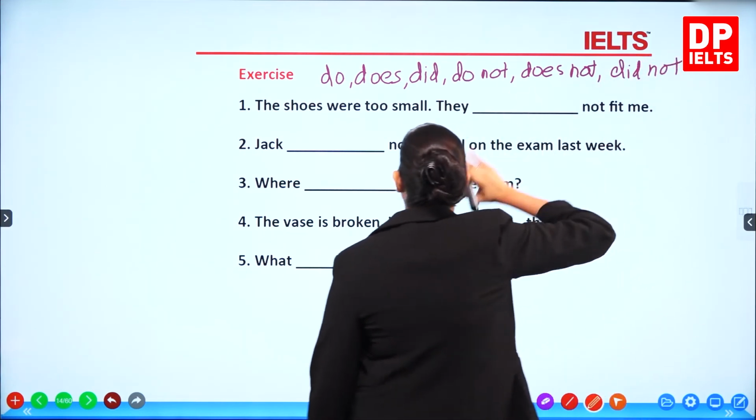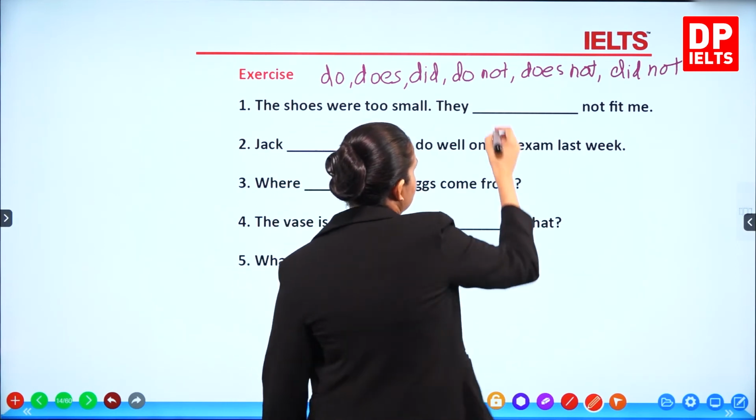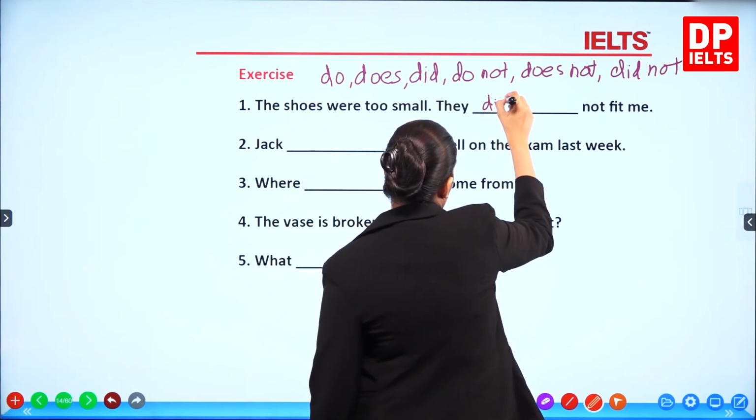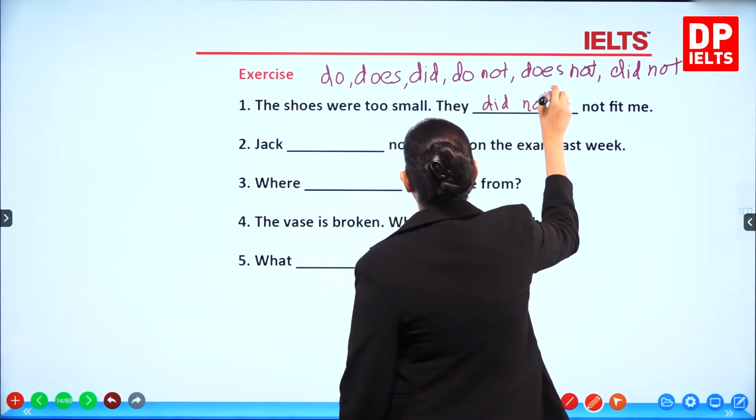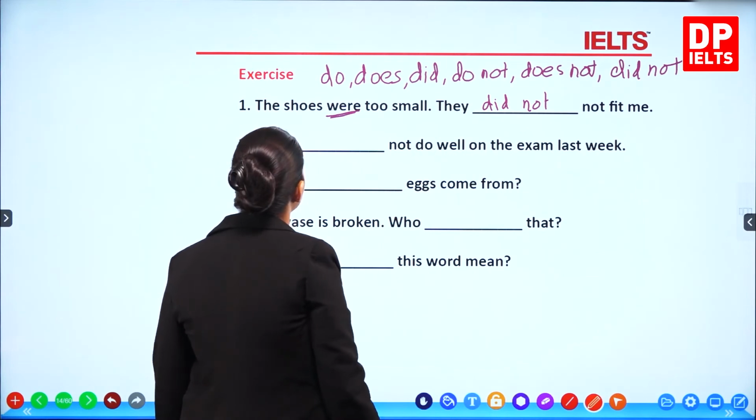Or even the contracted form, right? The shoes were too small, they did not. Because it is were, it is in the past tense.